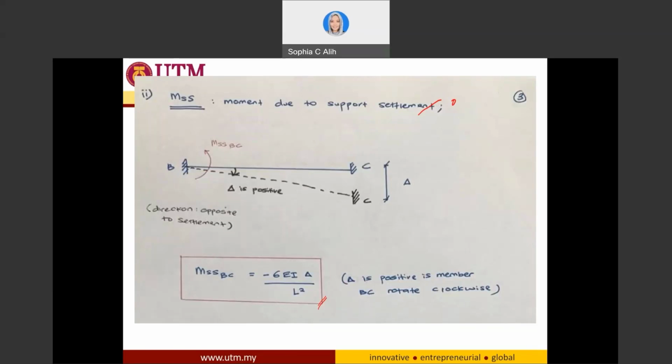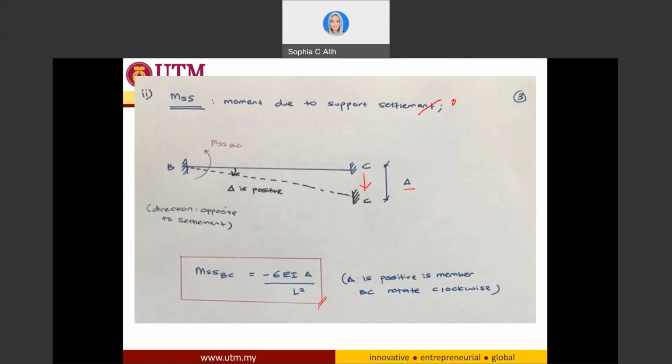For example, if I have my member BC and it is given that for any reason the support C settled with a settlement of delta, downward like this one.